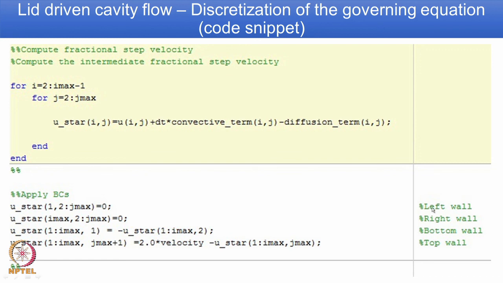So, we have a left wall, right wall, bottom wall, and on the top wall we have a velocity specified for u. So, u star 1 to i max, j max plus 1, that is on the top ghost grid line, is equal to 2 into velocity minus u star 1 to i max and j max.